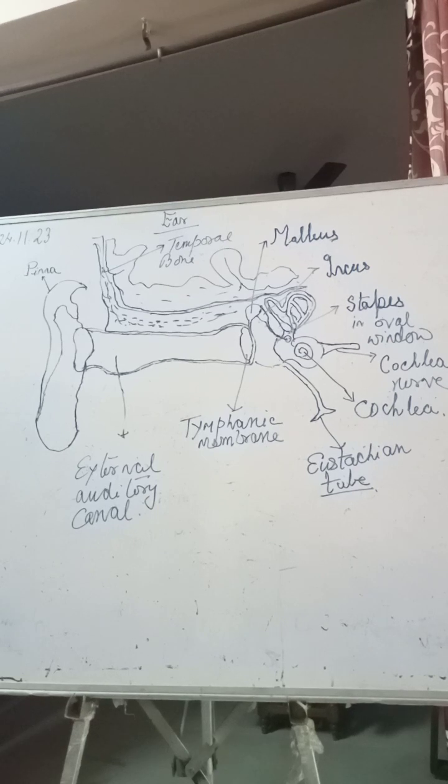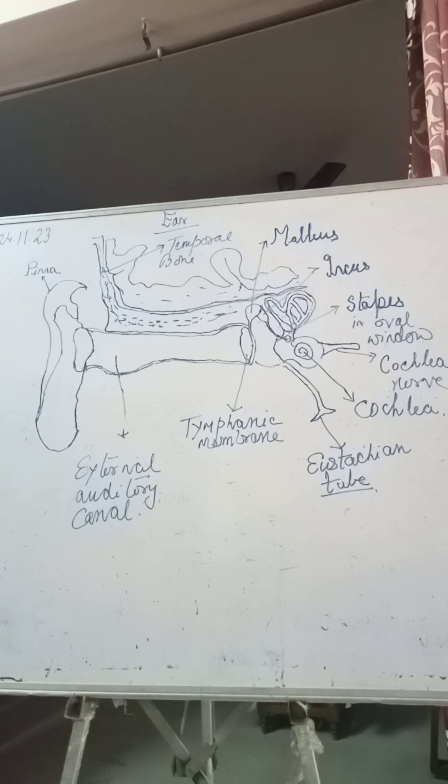What is the space within the cochlea called? It is called the scala media. Students, you have to remember this. What I am trying to do is mention the terms which are new for you in class 11. There is no use repeating the other things you have already studied and remember.